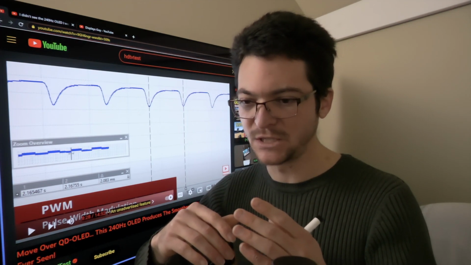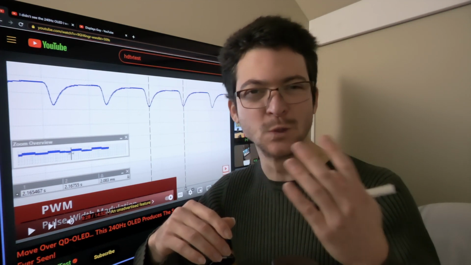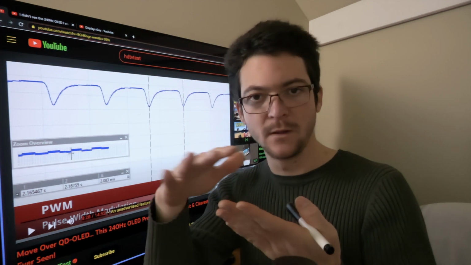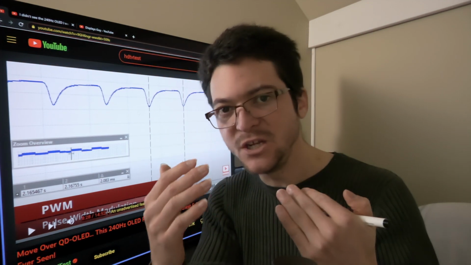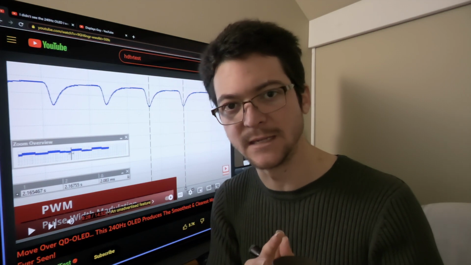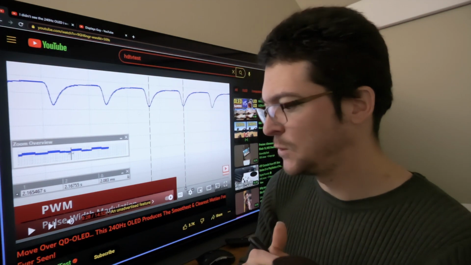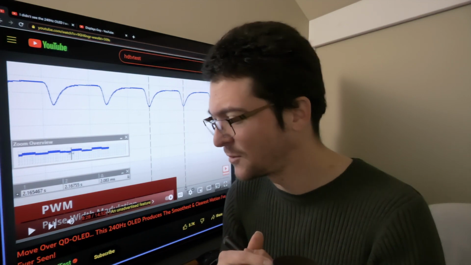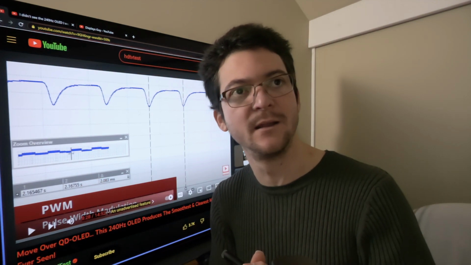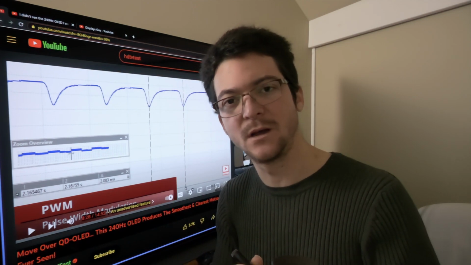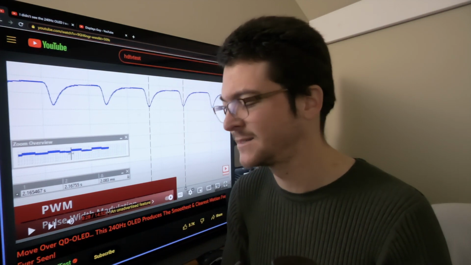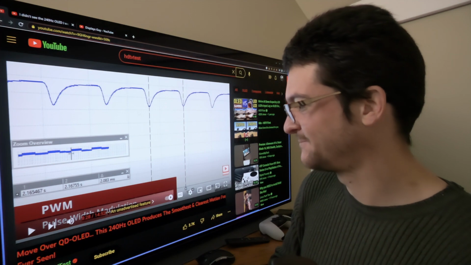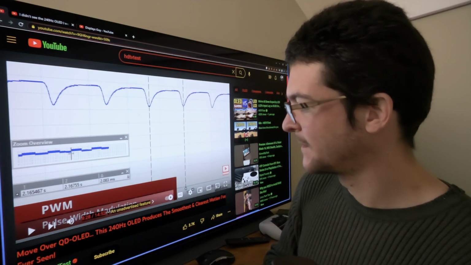He's saying that it looks like ghosting. So basically, when you move the camera near black, there's an issue with the responsiveness of the pixels with QD OLED technology. And for me, that's a deal breaker, because how many games do we have that are very close to black and are in the darkness? So yeah, that would be a deal breaker in my opinion.